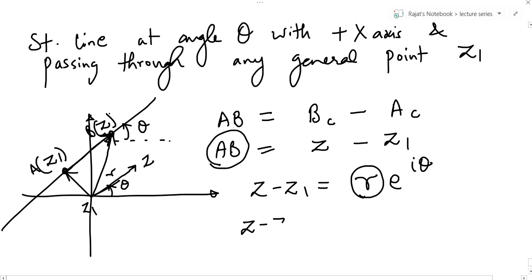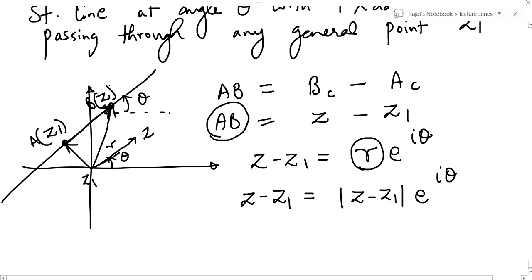So I can write it as z minus z1 is equal to mod of z minus z1 times e to the power I theta. So we have used two concepts. One is obviously the concept of head minus tail, and the other is the concept of how to find the magnitude.